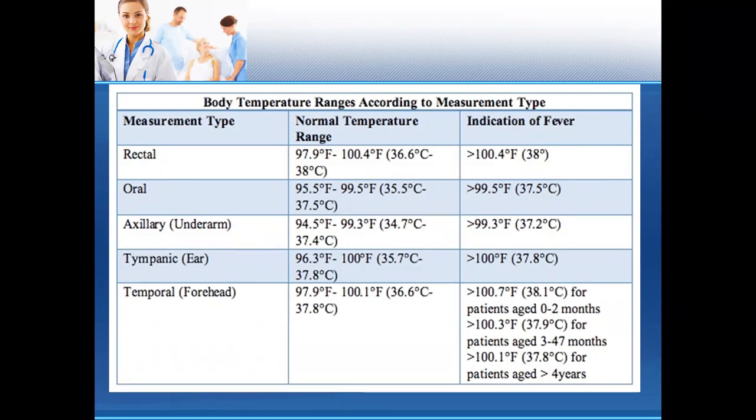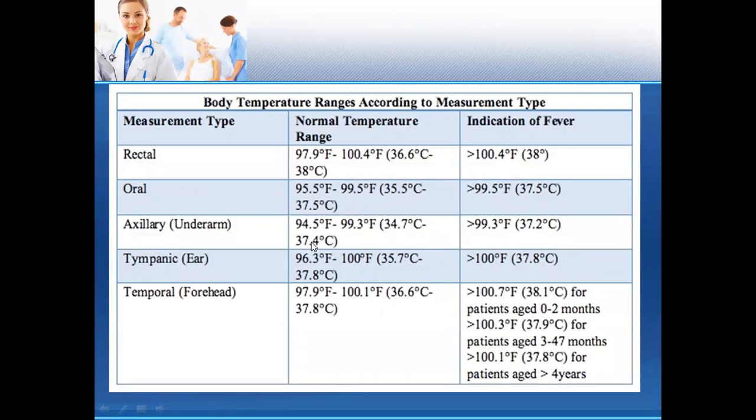I would like to tell you the oral is the standard, then compare and contrast with the others. The rectal is 0.5 degree higher than the oral, and it is usually 36.6 to 38 degrees Celsius. The axillary is 0.5 degree lower than the oral temperature, and it is 34.7 to 37.4.